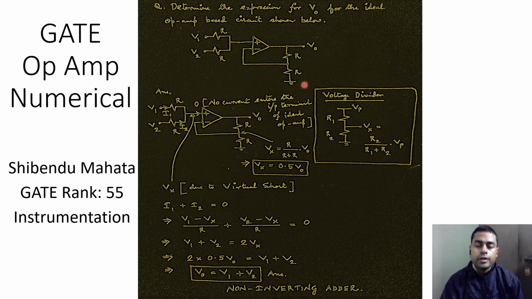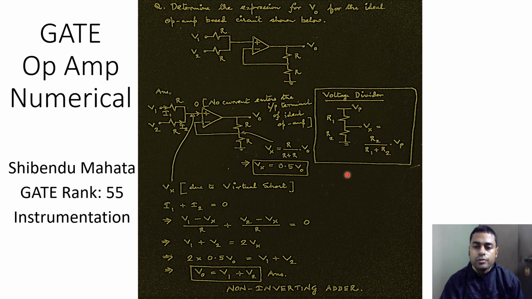The voltage dividers are very common to op-amp circuits, and invariably in every other circuit you will find the existence of a voltage divider, whether it is connected to the positive input terminal or whether it is connected to the negative input terminal. So recall that a voltage divider is given like so, where you have, let's say, a biasing source here which is Vp volts, and then there are two resistances which are in series.